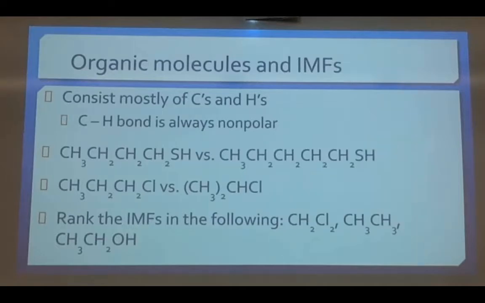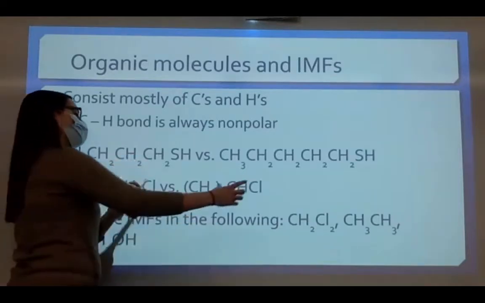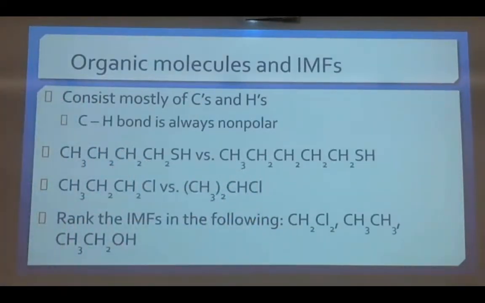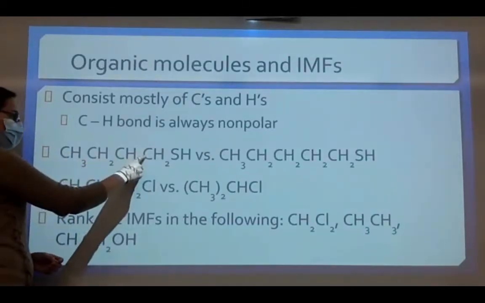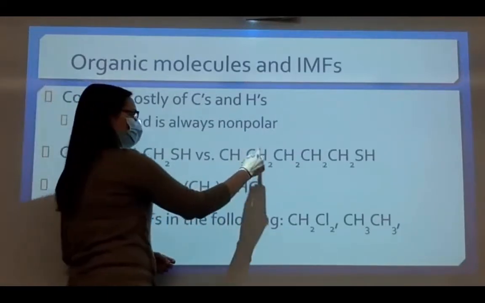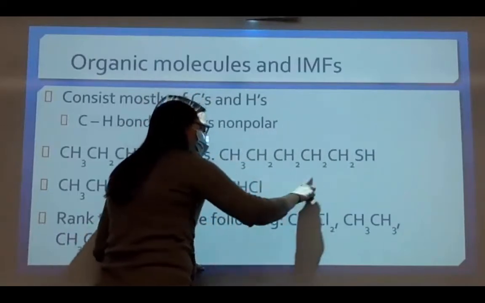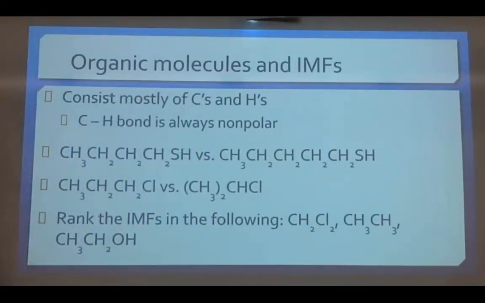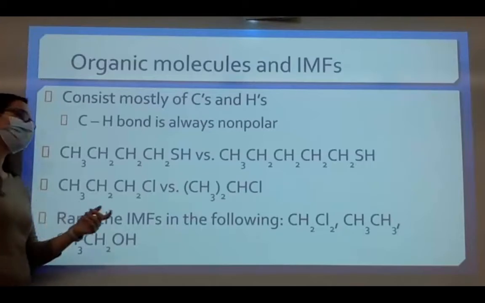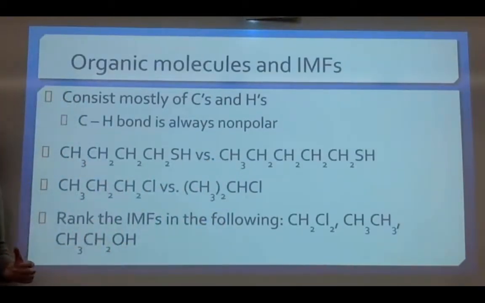So if you have these two substances, and it asks which one has the stronger intermolecular forces, well, this is 1, 2, 3, 4 C's. This is 1, 2, 3, 4, 5 C's. More C's and H's means more total number of electrons, more polarizable electron cloud. That means it's easier to shift the electrons back and forth, and so the stronger dispersion forces.